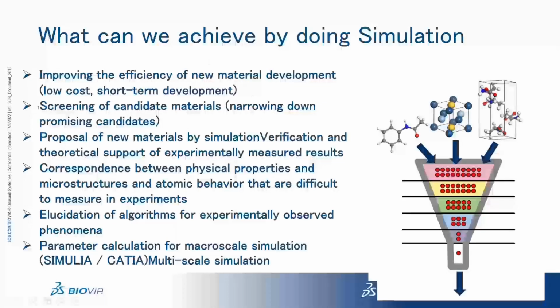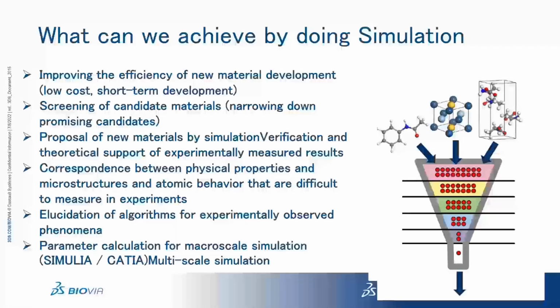So first of all is screening, new material development. The second one is where I do not know what's happening and I want to find an answer. And the third one is to combine these properties to a larger scale. So I calculate a property from a nanometer, micrometer scale. I want to use this property in a macro scale so that the macro scale will contain the new material property.